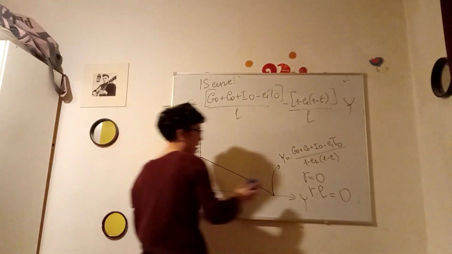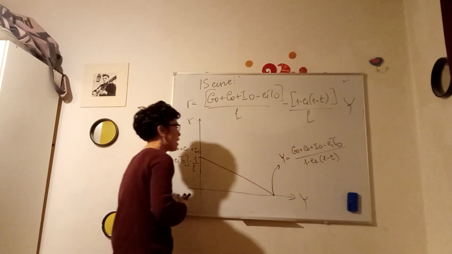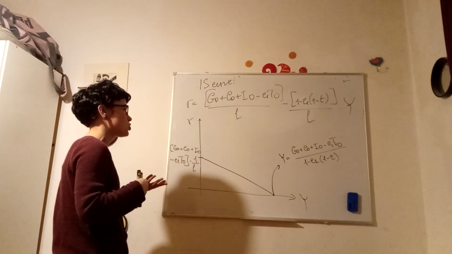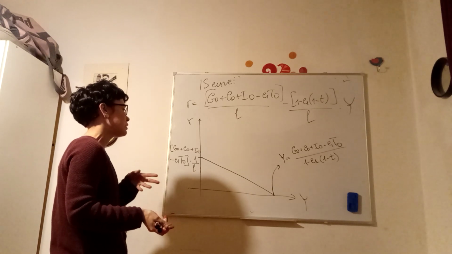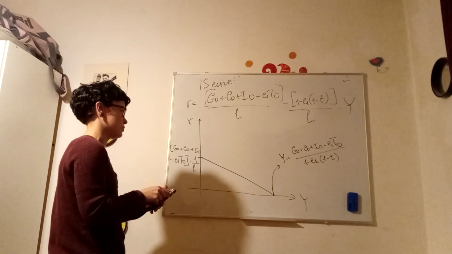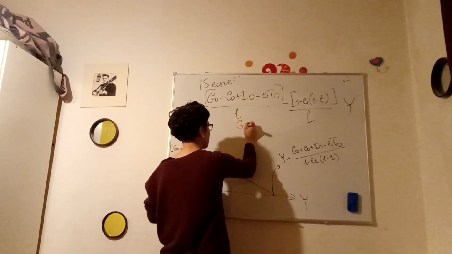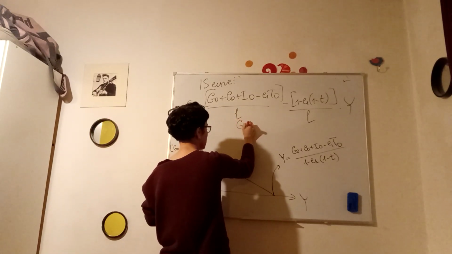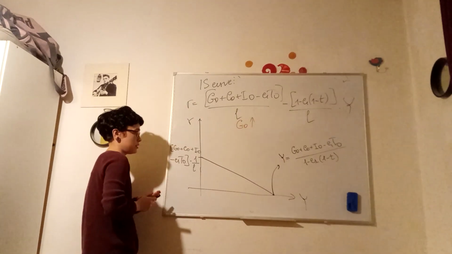Now when you have this function, you can analyze how its position and slope are going to be affected by changes in fundamental macroeconomic variables. Let's say we decided to analyze what will happen to this equilibrium when the government decides to increase government spending.